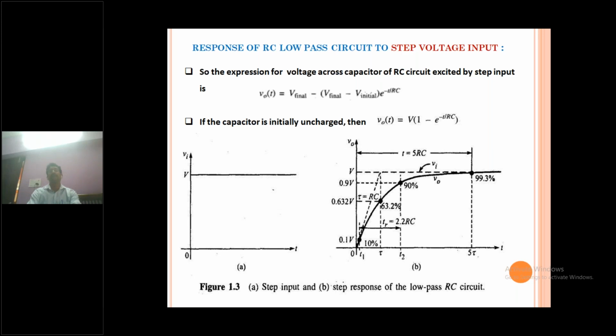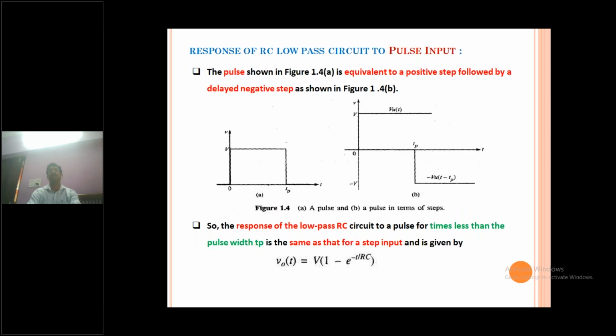The pulse is a positive step followed by a delayed negative step. Subtracting these two, that is V into U of T minus V into U of T minus TP, you get the pulse waveform.